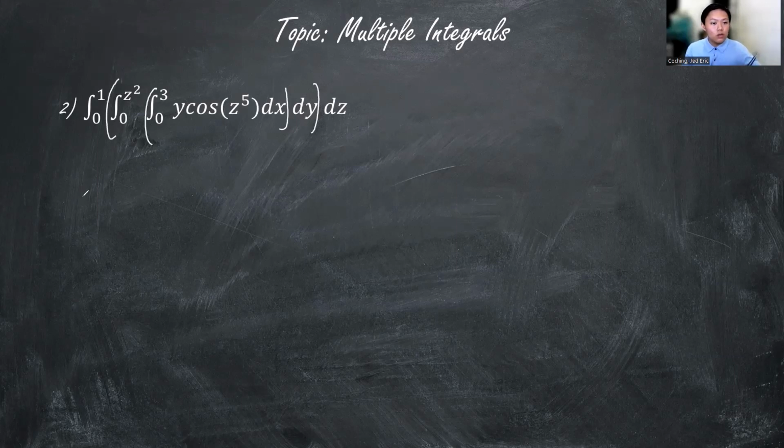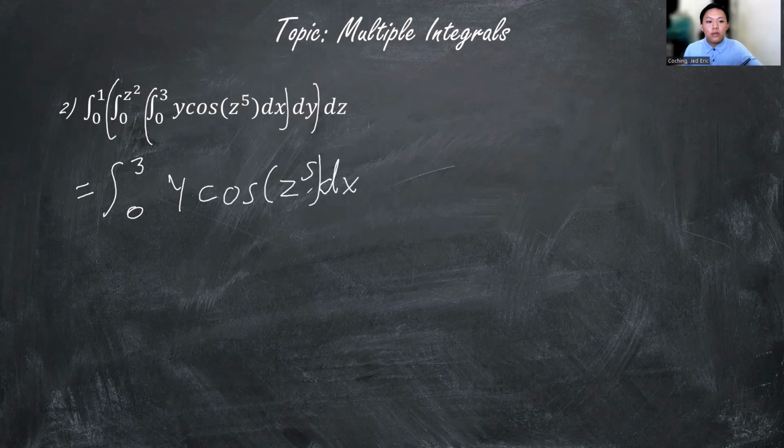So the integral of 3y cos 5z dx. If you see here, there's no x, so we just put x.